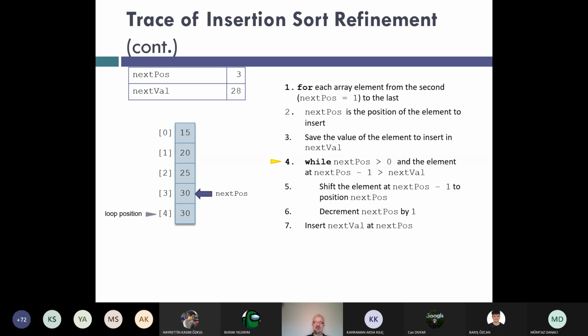And when we get to this while loop condition again, 25 is smaller than 28, so this condition is not satisfied.